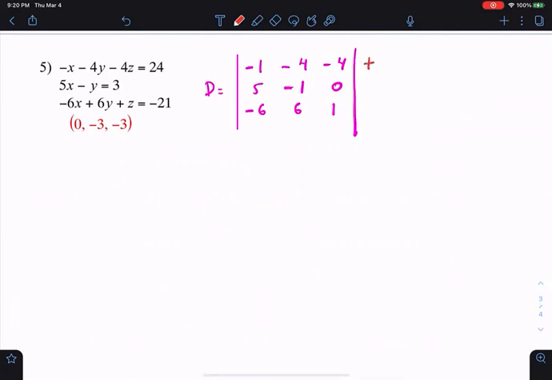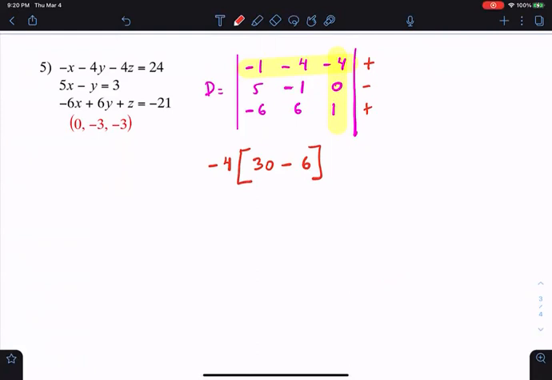So this is gonna be plus, minus, plus. Therefore, I will take care of this first. So -4, because positive and negative gives you a negative, -4. And then I have to do 5 times 6 is 30, minus -6 times -1 is just 6.